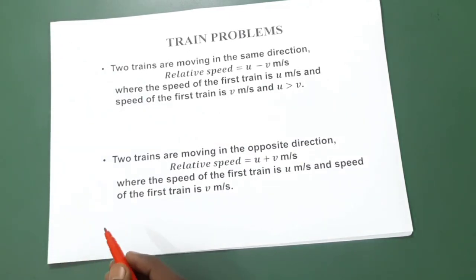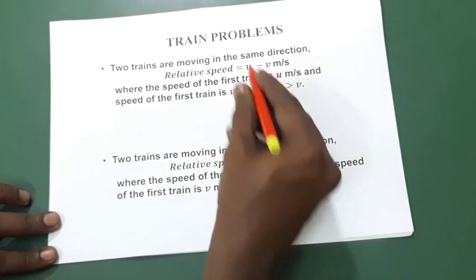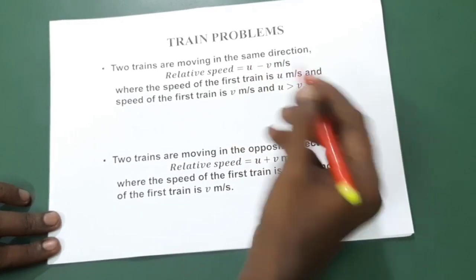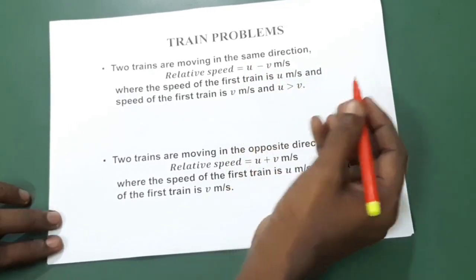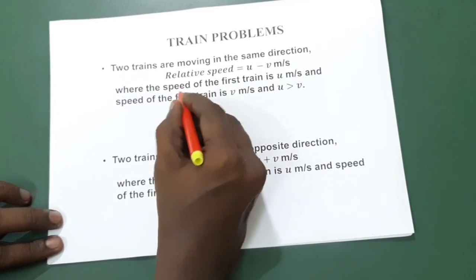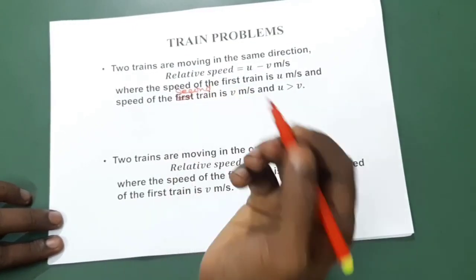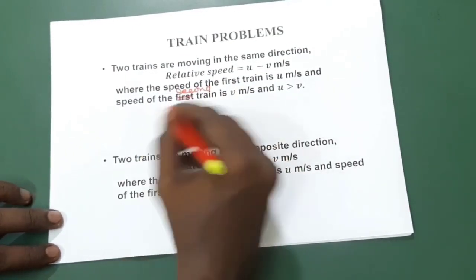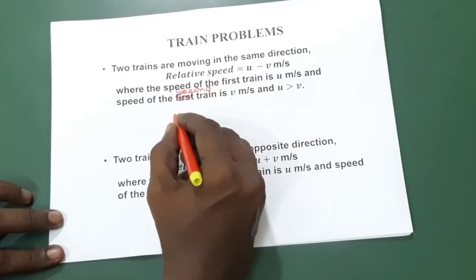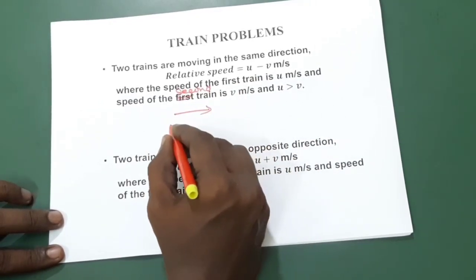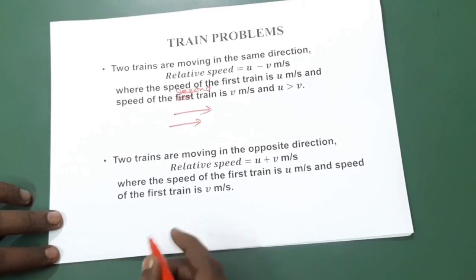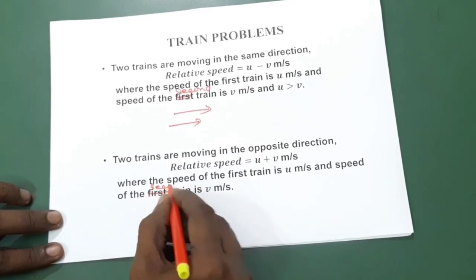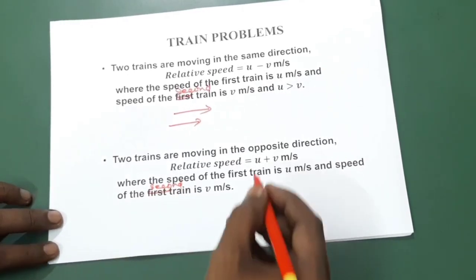Next, if 2 trains are moving in the same direction, then the relative speed is given by u minus v, where u is the faster train and v is the second train. There is just a mistake here, and also some typographical errors.